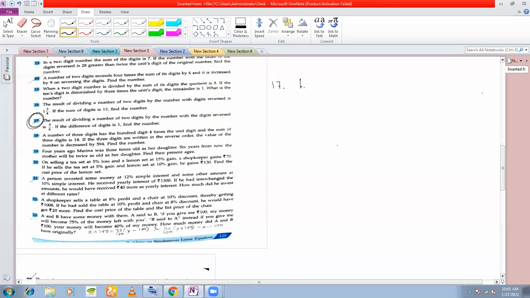I start by saying, let the tens digit and the units digit of the two digit number be x and y respectively.